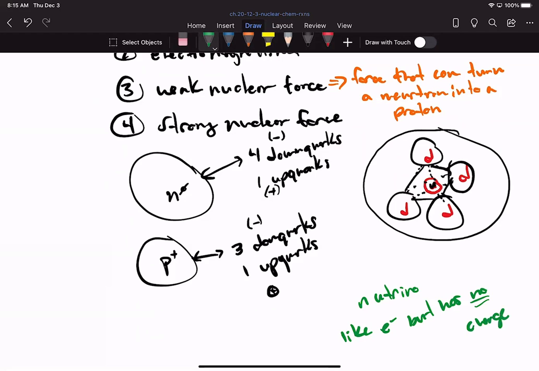This neutrino comes in with enough weak force to hit one of these down quarks and send it off.